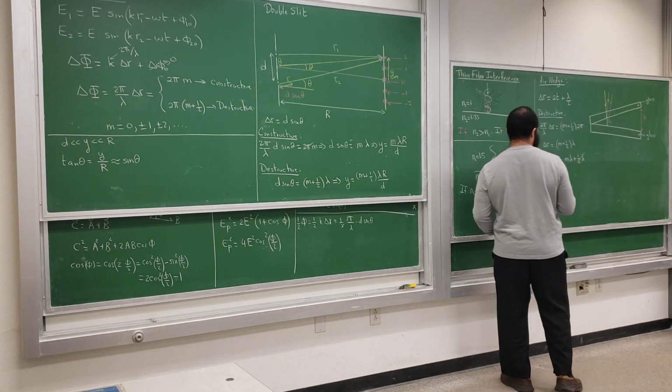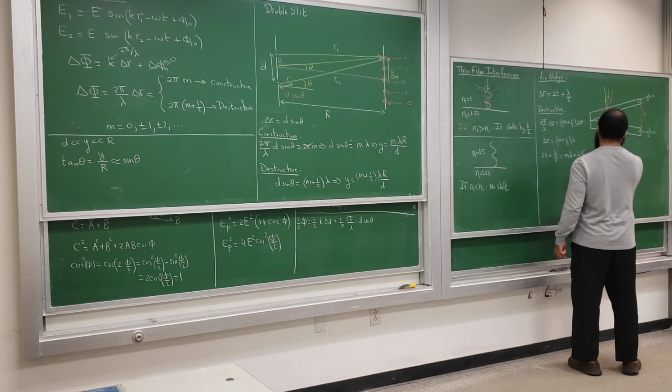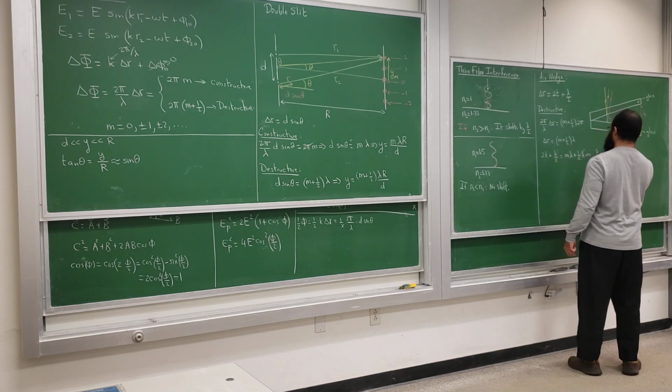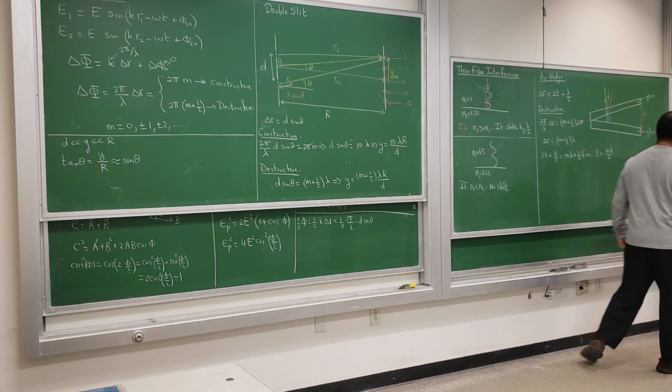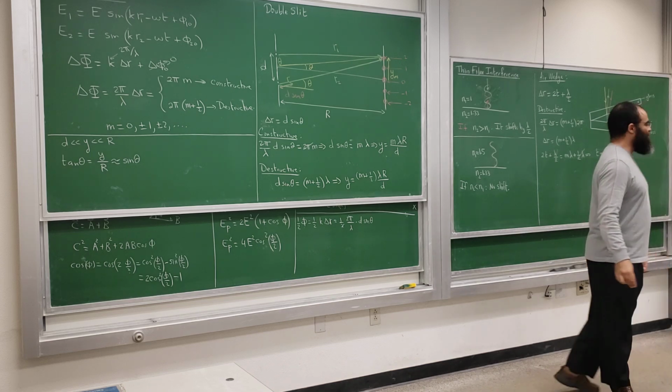So I got t equals m lambda over 2. So t is equal to m lambda over 2.